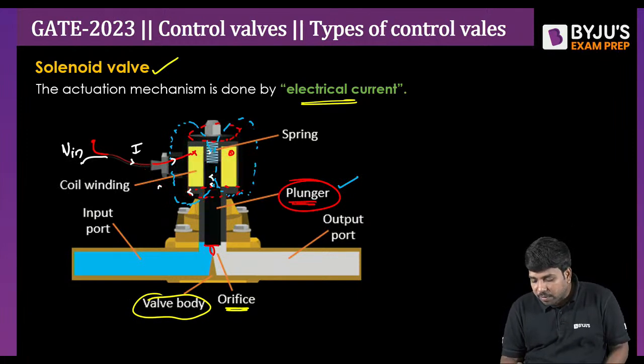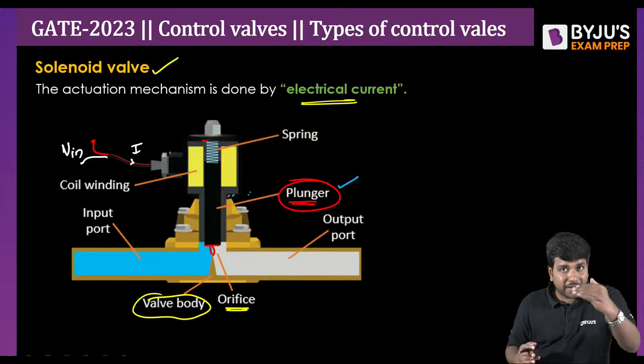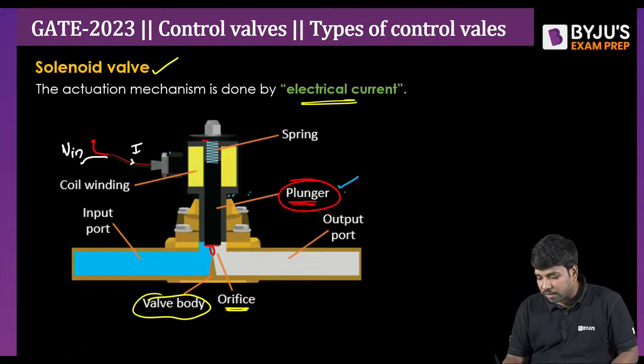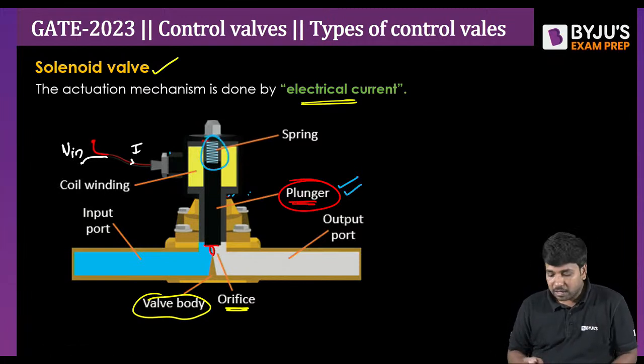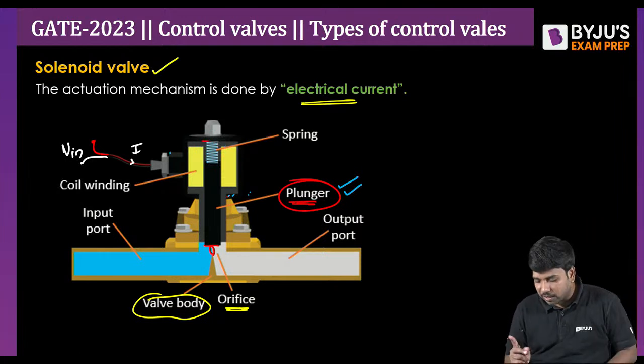Let me remove all these things now so that you will understand this clearly. You can clearly see that at one end of the plunger we have a spring here, correct? So what happens when the magnetic flux pulls this plunger in the upward direction? Naturally the plunger will go in the upward direction.